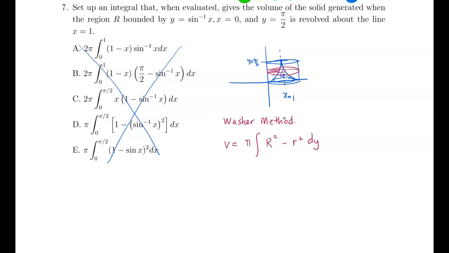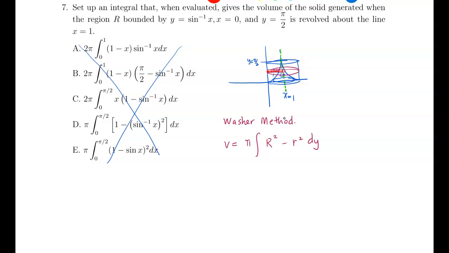So let's take a look at the outer circle. The center would always be the axis of revolution. So the axis of revolution is 1, starting at 1 up to the end. Okay, so it would always be right minus left.